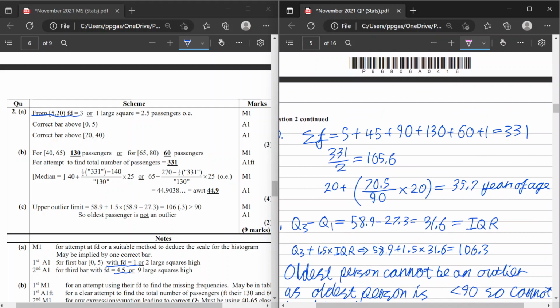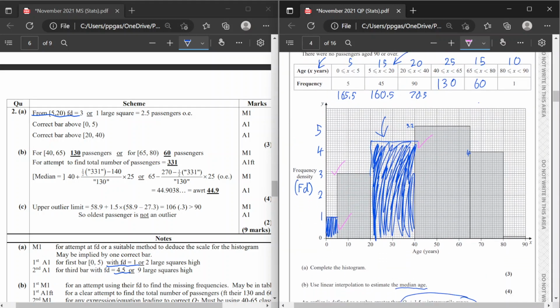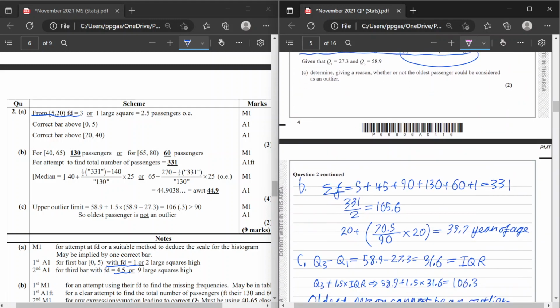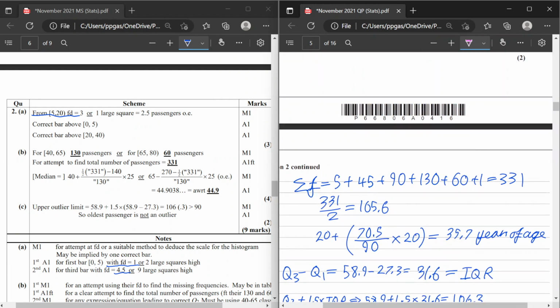Okay. So for 40 to 65 is 130 passengers. Yeah, passengers. So I can see that I haven't written that explicitly, but I've got a 130 here, so I think I can give myself that mark.